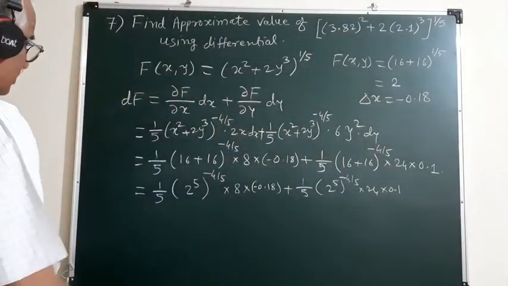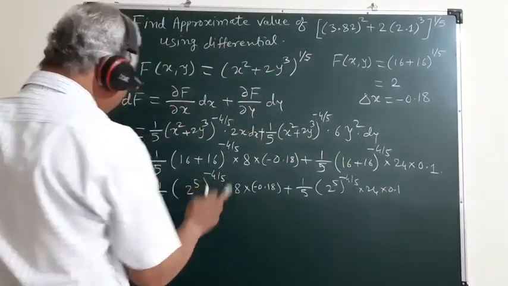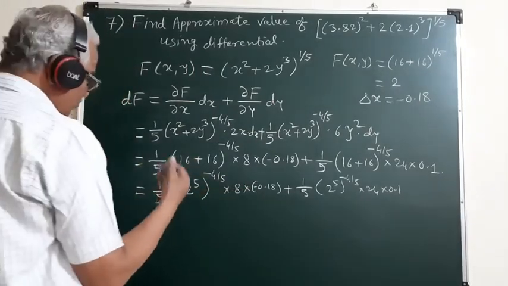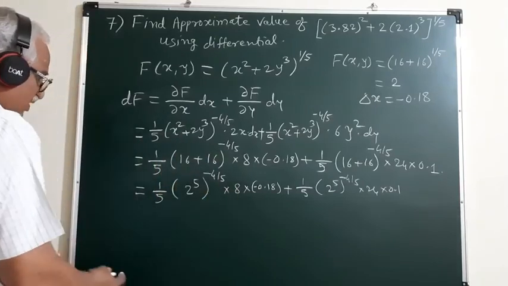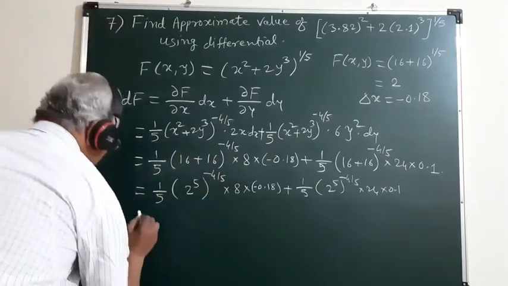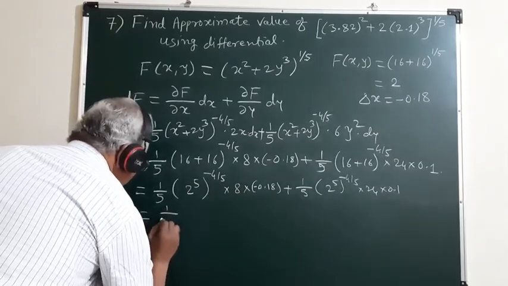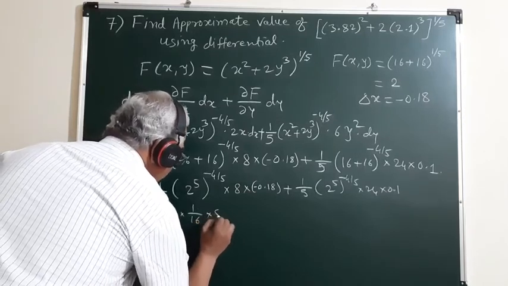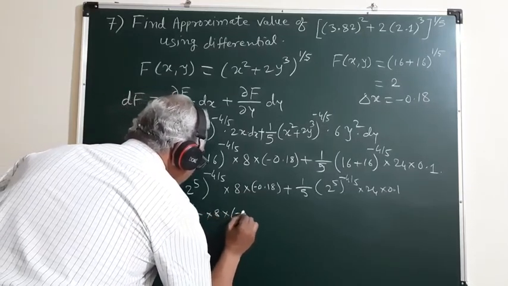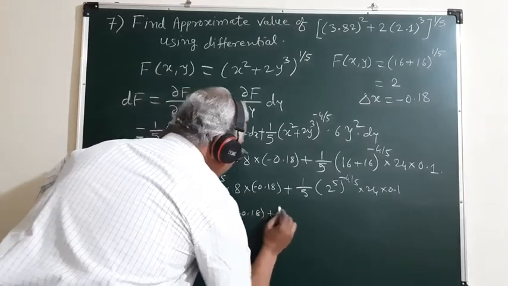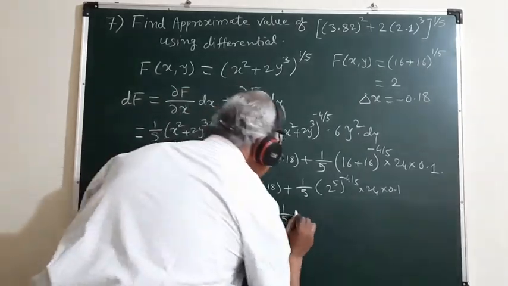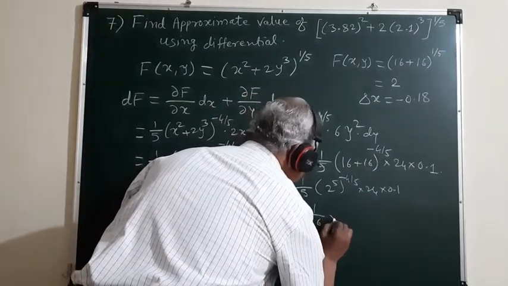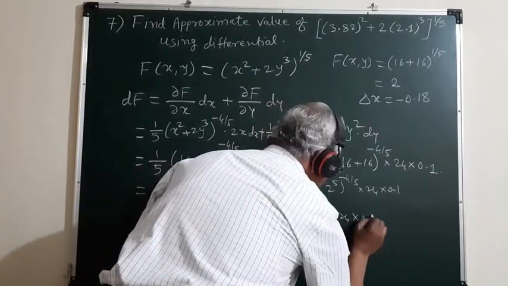So this is the same factor and it will get cancelled. So 2 raised to minus 4, 2 raised to 4 is 16, since it is minus 4, it will be in the denominator. So this is equal to 1 by 5 into 1 by 16 into 8 into minus 0.18 plus 1 by 5 into 1 by 16 into 24 into 0.1.